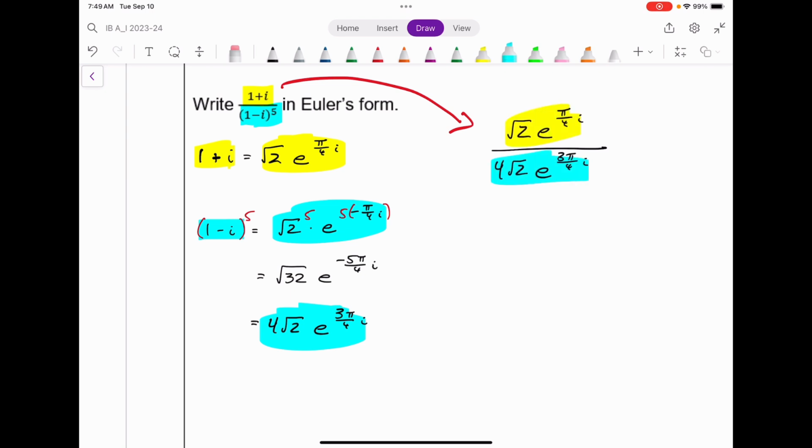And using what we've been looking at today, root 2 over 4 root 2 is just 1/4. And then I have pi over 4 minus 3 pi over 4, which is minus pi over 2 times i. And I'm effectively done right here. And so keep in mind, I pretty quickly have an exact value for something that would have been really awful to do if we stuck with it in Cartesian form.